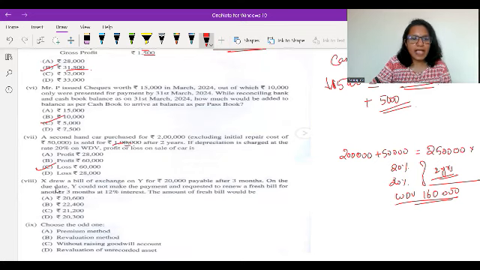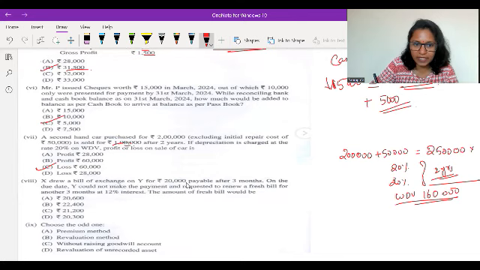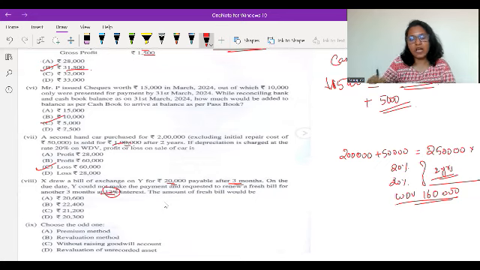Now, X drew a bill of exchange on Y for 20,000 payable after 3 months. On the due date, Y could not make the payment and requested to renew a fresh bill for another 3 months at the interest rate of 12%. So you are asked to issue a fresh bill at 12% interest.